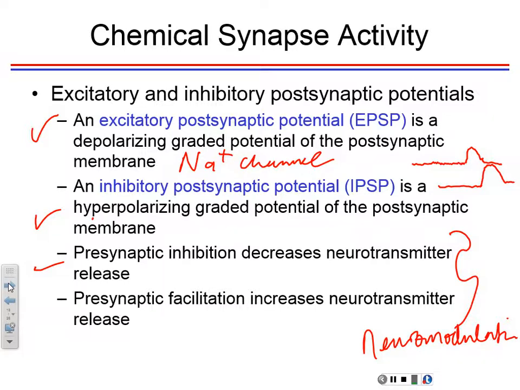So that means it has 10,000 branches. And there are some parts of the cerebellum that will synapse with like 100,000 neurons. Just try to wrap your brain around that. That means one neuron will have 100,000 branches. That's amazing. I can't even think about 100,000 now. You run out of fingers real quick.